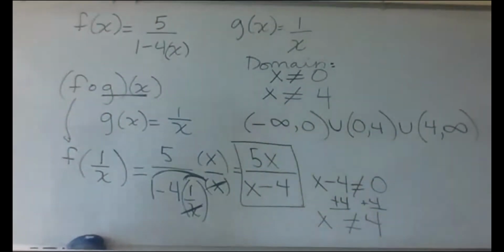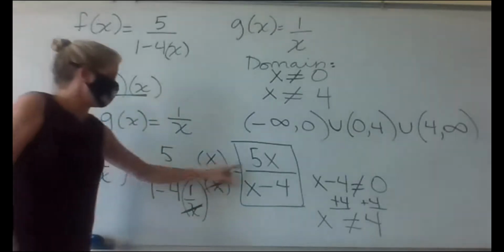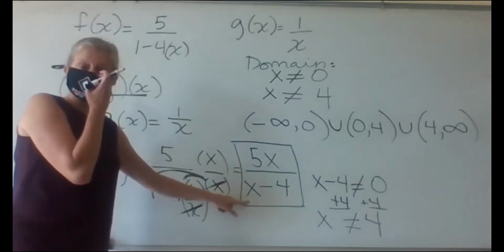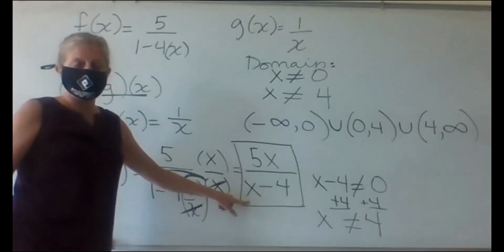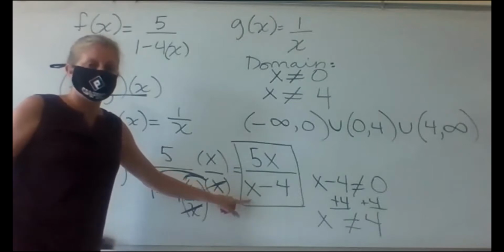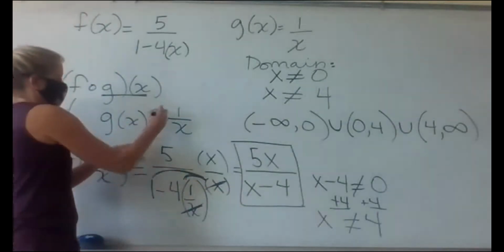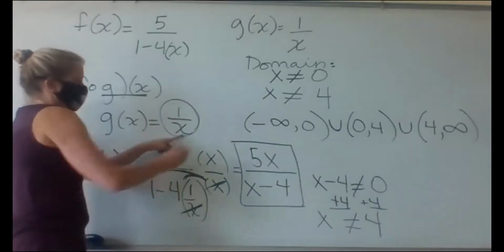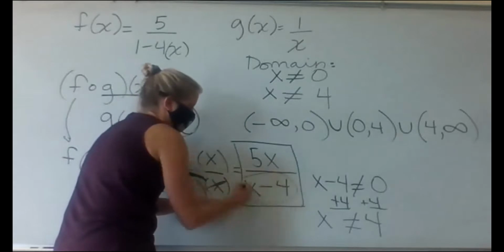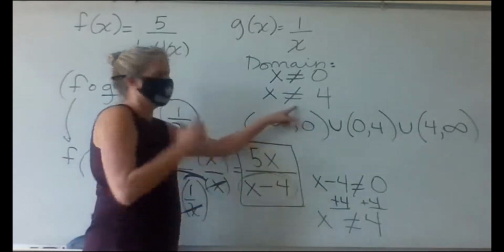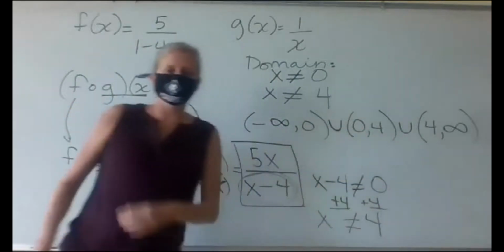I have found f of g of x, worked it all the way out. It gave me 5x over x minus 4, so that's the answer to that part. And then after that, it's going to say, well, what's the domain of that? And remember, you had to look for restrictions in 2 spots. Here, that's what gave me the 0 restriction. And here, that's what gave me the 4 restriction. And that's your domain in interval notation.